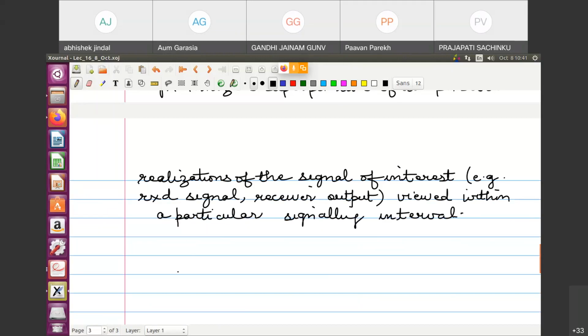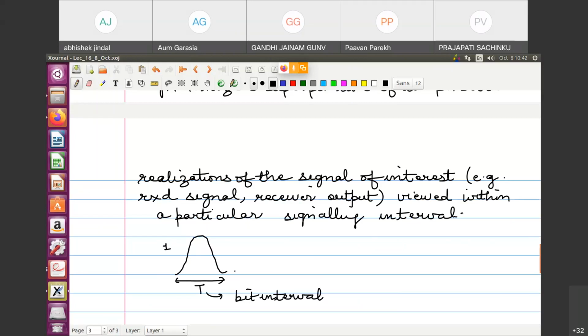The concept is, suppose you have chosen this as your pulse. Now this pulse, let us say, consumes a time TB. Suppose this is the signaling interval, it means TB, or bit interval. Right now, assume that we are having bits for transmission instead of symbols. So you multiply the pulse with 1 and transmit.